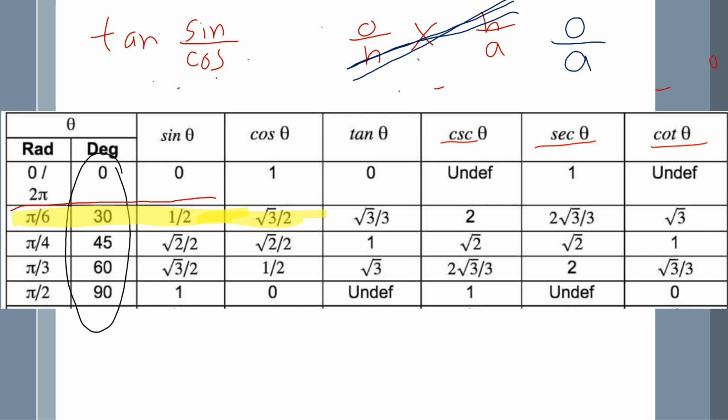Therefore, tangent is sine over cosine. That's how we create tangent. Tangent is created from sine and cosine. Tangent is created from what? Sine over cosine.